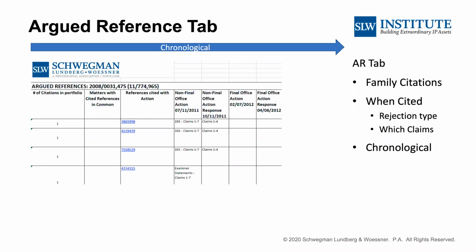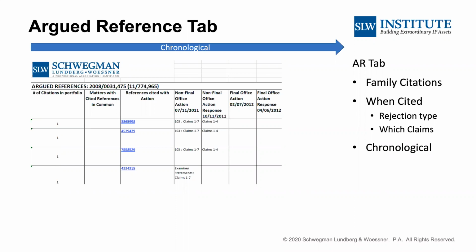This is probably less important in a licensing or FTO activity unless you are really going into, say, a post-grant review format, where you want to look at whether the examiner construed or misconstrued a particular reference. Is there more there than the examiner actually argued, or was the response made by the applicant on point, or was something glossed over?